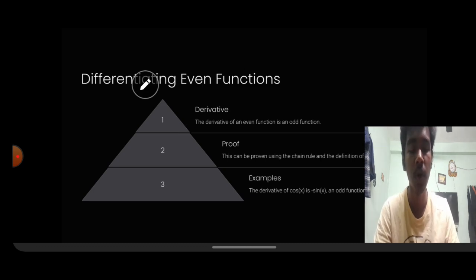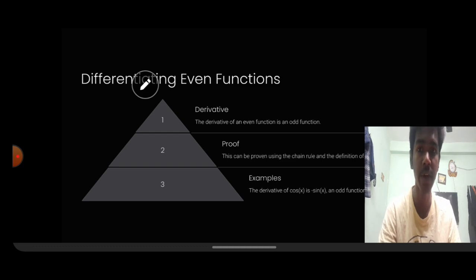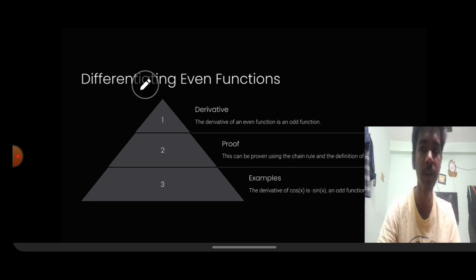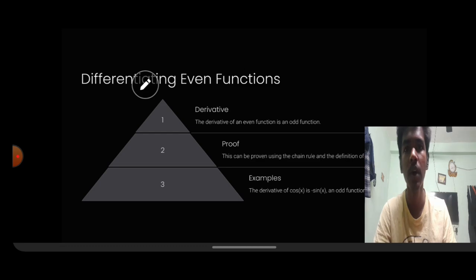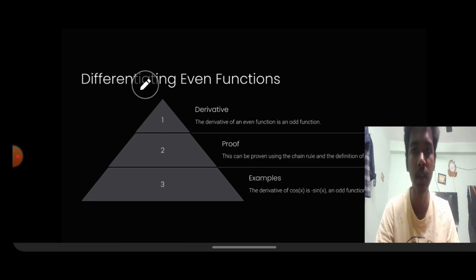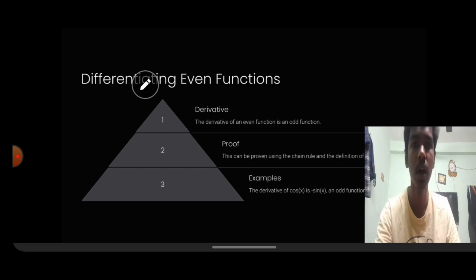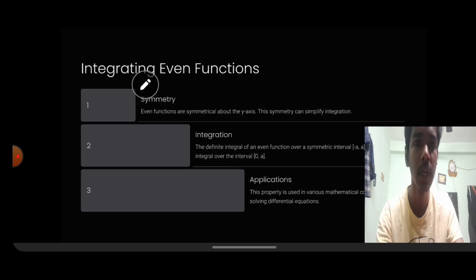Differentiating again, f double dash of x is equal to 2, which is even. So f dash of x is equal to 2x is odd, and f double dash of x is equal to 2, which is even. This alternates: first derivative odd, second even, etc. The derivative of cos x is minus sin x, an odd function.